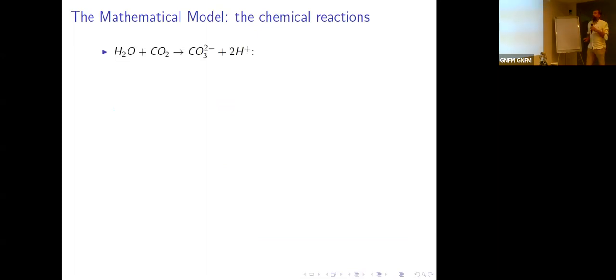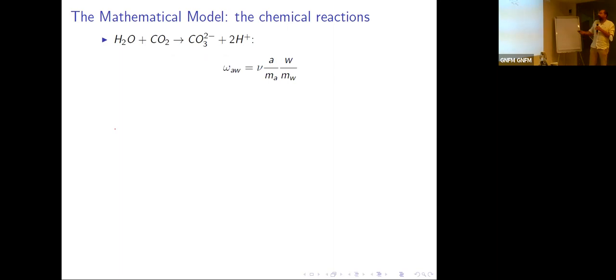First of all, the reaction between carbon dioxide and water to give carbonate plus two ions of hydrogen. In principle, this should be a second order reaction, involving the product of carbon dioxide and water.